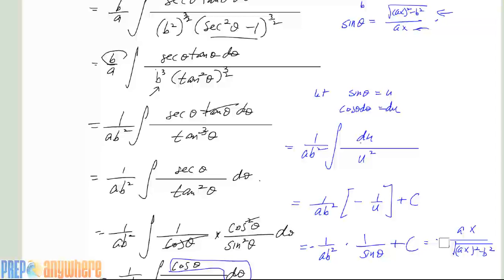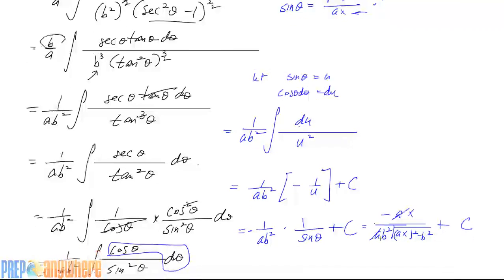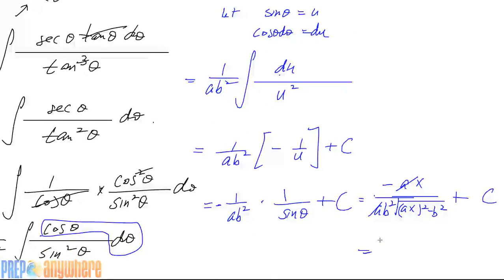Minus 1 over a b squared, so I'm just going to multiply that all in, plus a constant. So actually a gets reduced as well. In the end, the final answer is minus x over b squared times the square root of ax squared minus b squared, plus some constant.